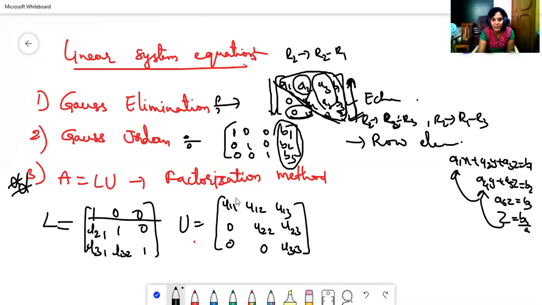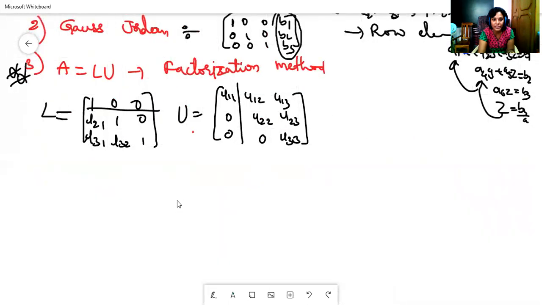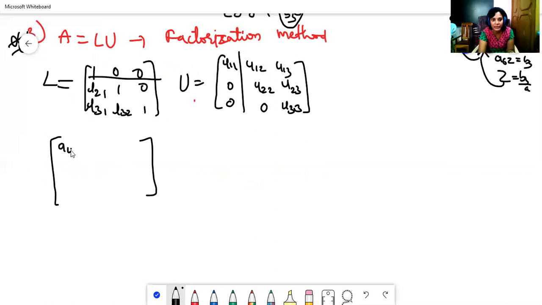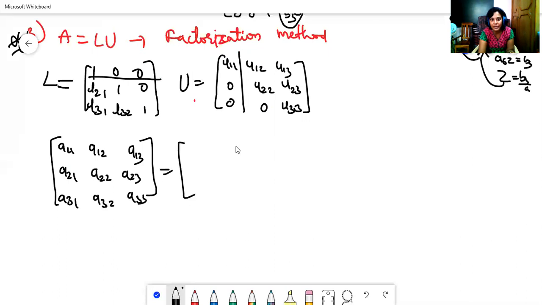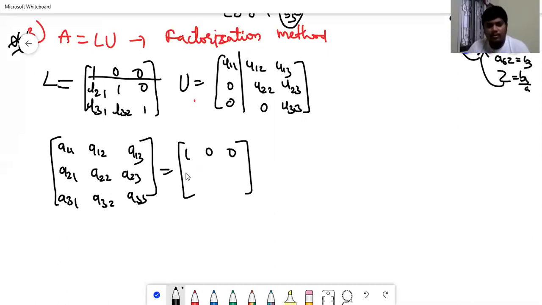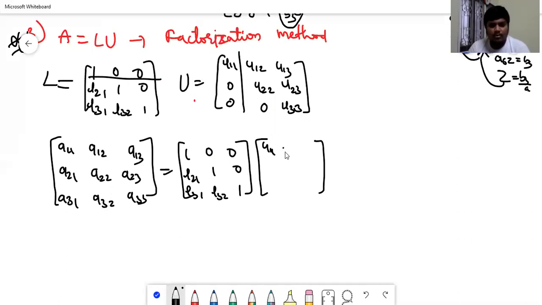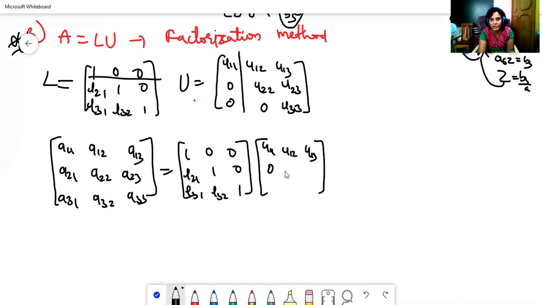Now take the product of L and U. It can be equated to the coefficient matrix A. Suppose the A matrix is A11, A12, A13, A21, A22, A23, A31, A32, A33, equal to the lower matrix 1 0 0, L21 1 0, L31 L32 1, times U, which is U11, U12, U13, 0, U22, U23, 0, 0, U33.